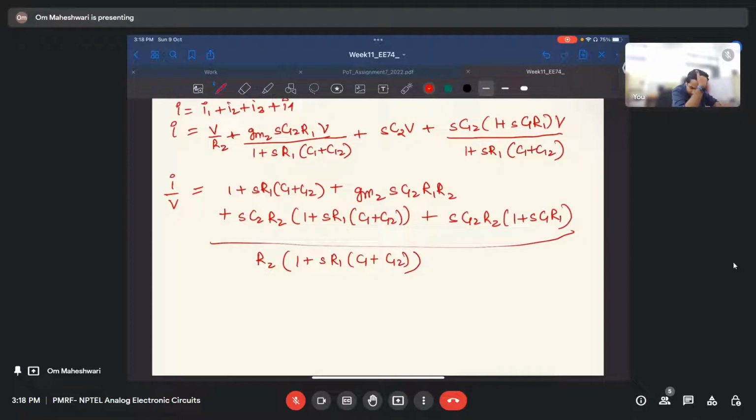Okay. So I'll just try to rearrange this in 1 plus S plus S square terms.